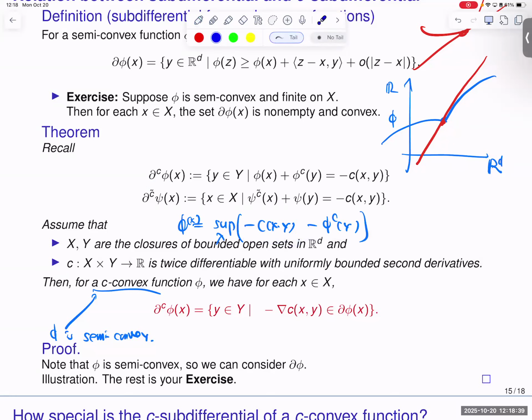If the cost function is twice differentiable and nice, with a semi-convexity constant, let's say k, then the supremum of that family is also semi-convex with constant k. So in that way your phi, the c-convex function, is semi-convex, and you can consider the subdifferential of phi. Then what is the relation between the subdifferential of phi and the c-subdifferential of phi? And the answer is here.